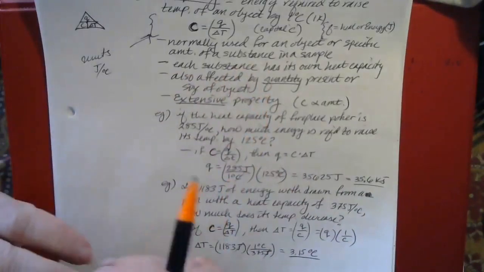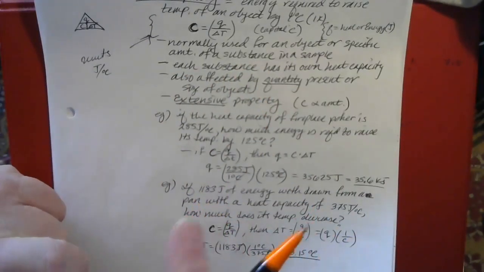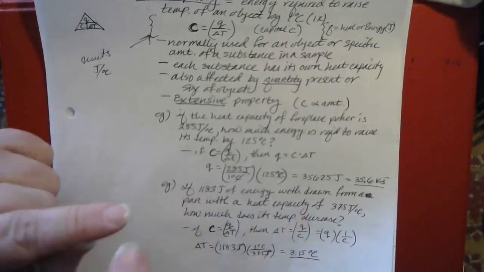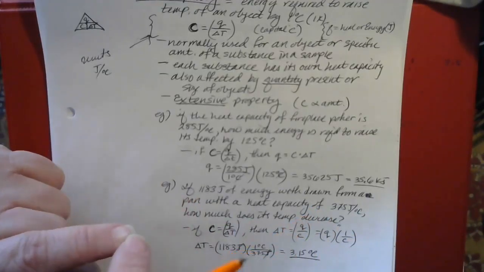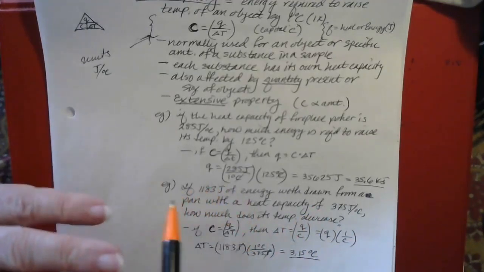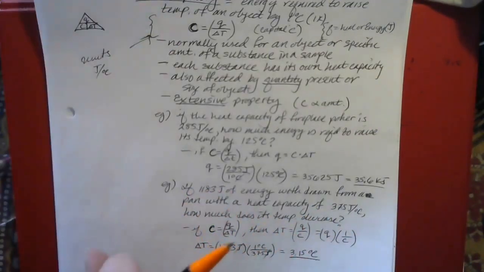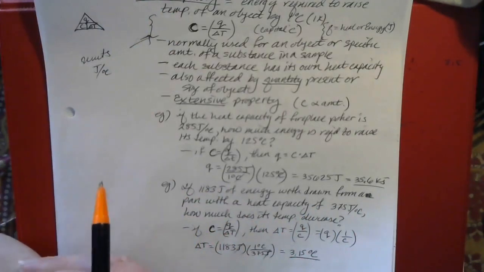Each substance has its own value for heat capacity, but remember, the heat capacity is also affected by how much of the substance you have. Like in that example of the calorimeter, if the mass of the calorimeter changes, or if a piece falls off it, then you're going to have to find the heat capacity again, because if the mass changes, the heat capacity changes.